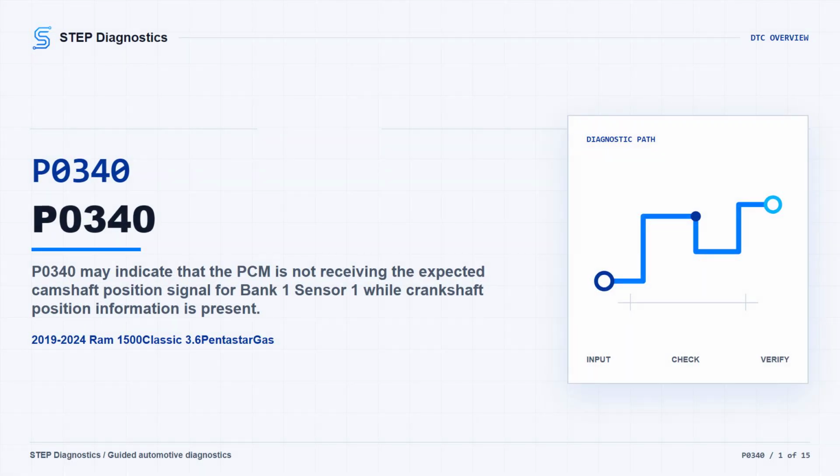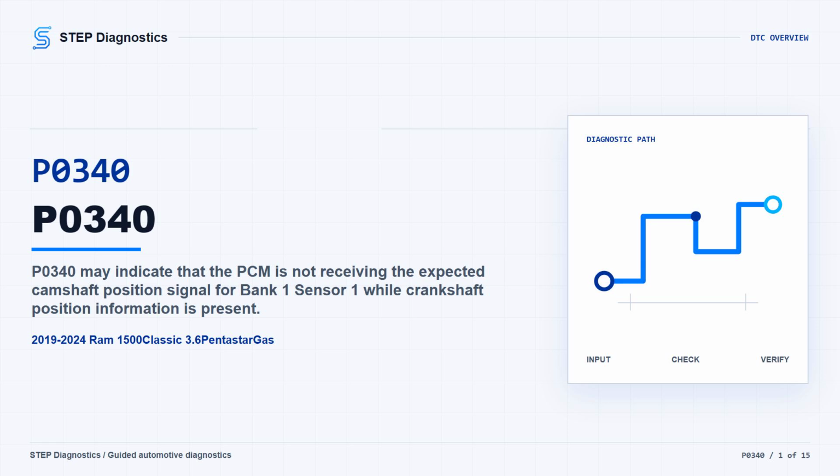On this 2019 to 2024 Ram 1500 Classic with the 3.6 Pentastar, P0340 is a camshaft position sensor circuit fault for bank 1 sensor 1. In plain language, the PCM may be seeing crankshaft position information, but it is not seeing the camshaft signal it expects.